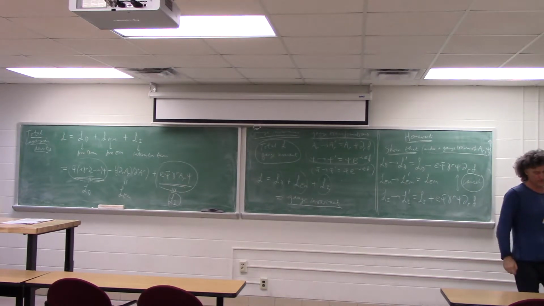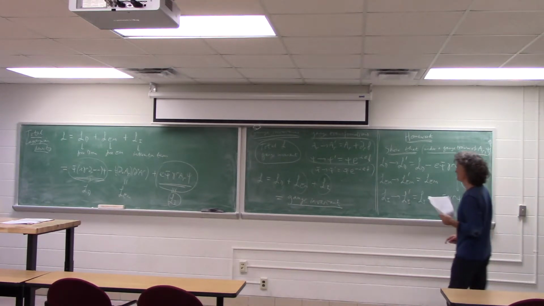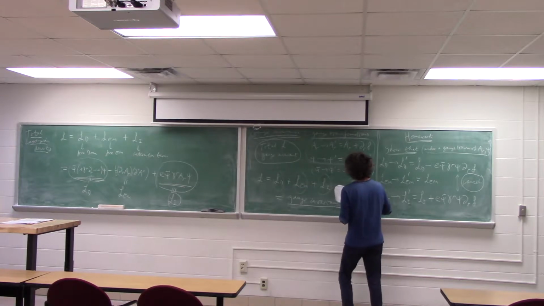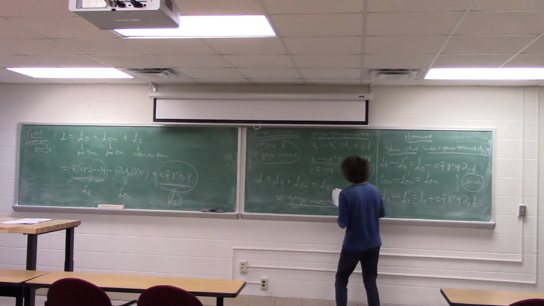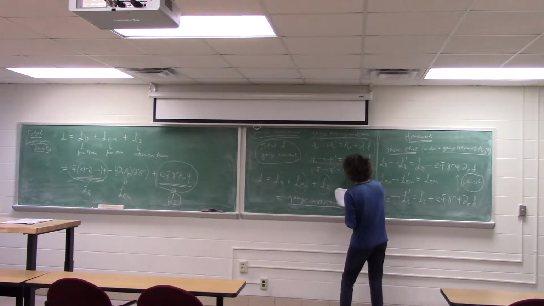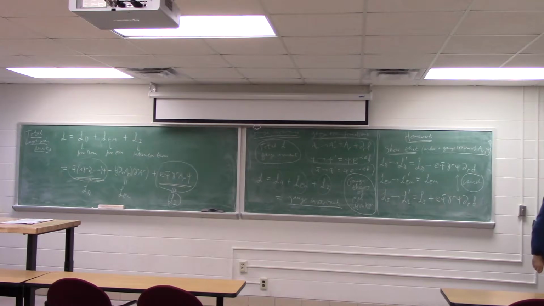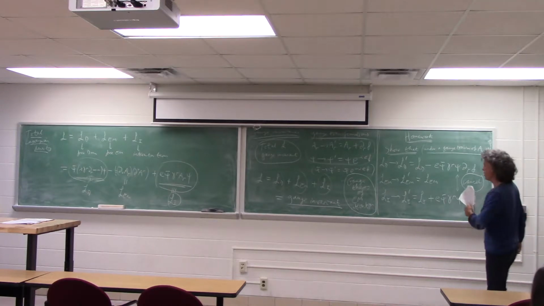Now this is your first look at a gauge theory, a gauge theory of the electromagnetic interaction. This idea of gauge invariance is very important in high energy physics, quantum field theory, the theory of particle physics.